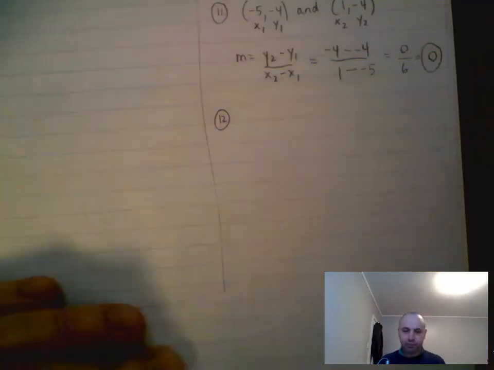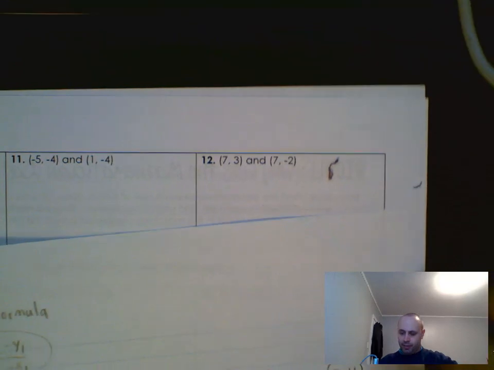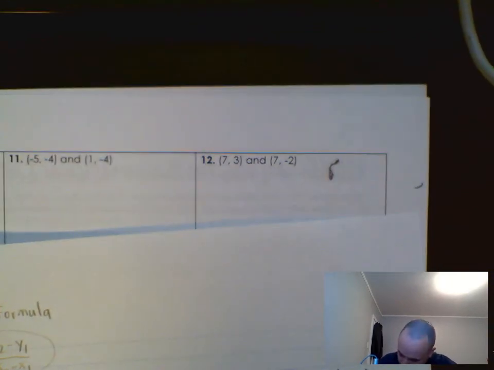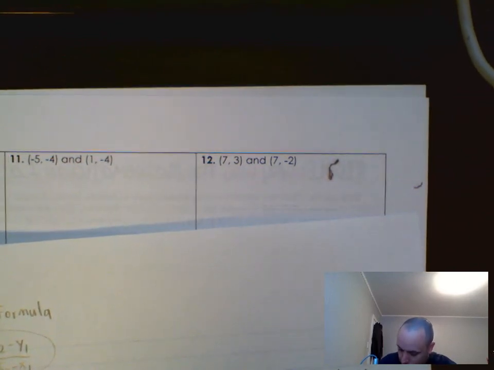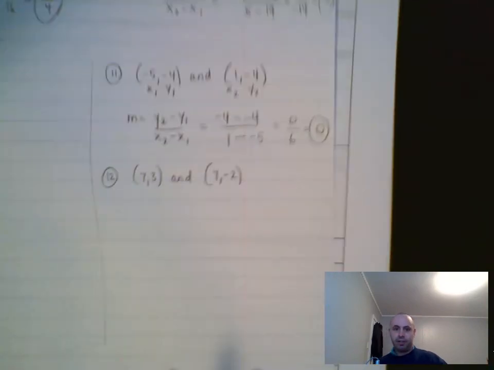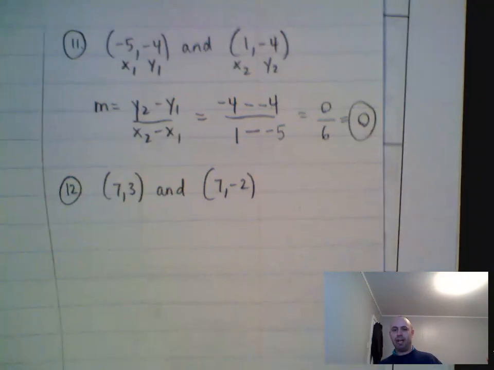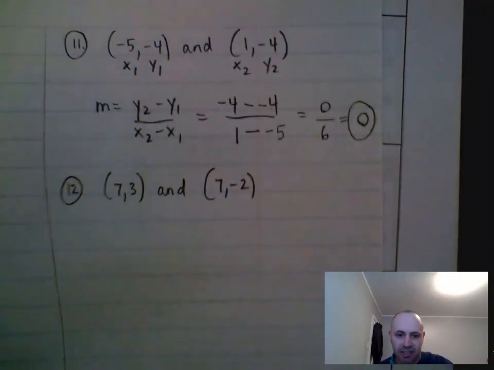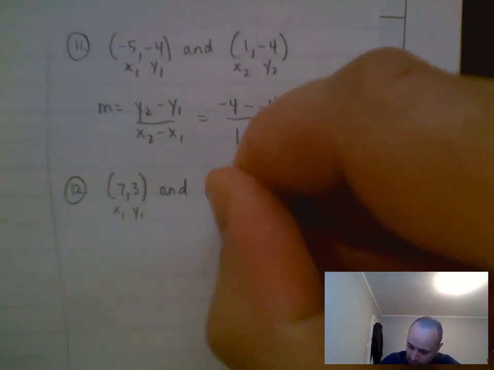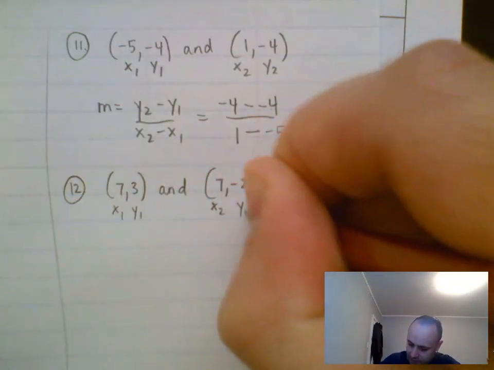Okay. Now, there's another special case, which is number 12, which I'm going to copy down here. You probably already know what this is going to be based on our lesson a few days ago when we had the horizontal line and the vertical line. Some of you guys may remember that. So this is going to be x1, y1, and x2, y2.